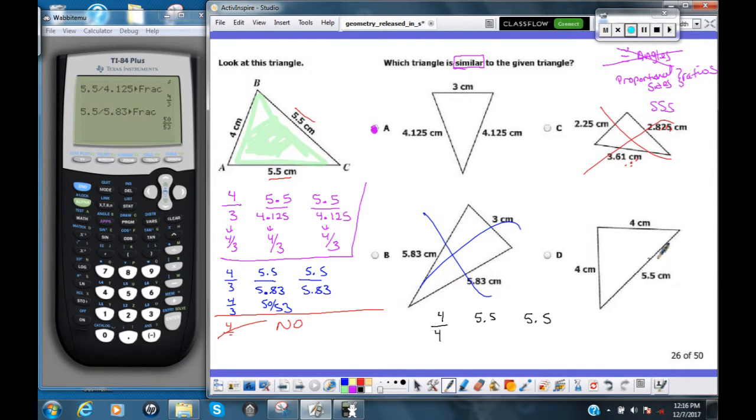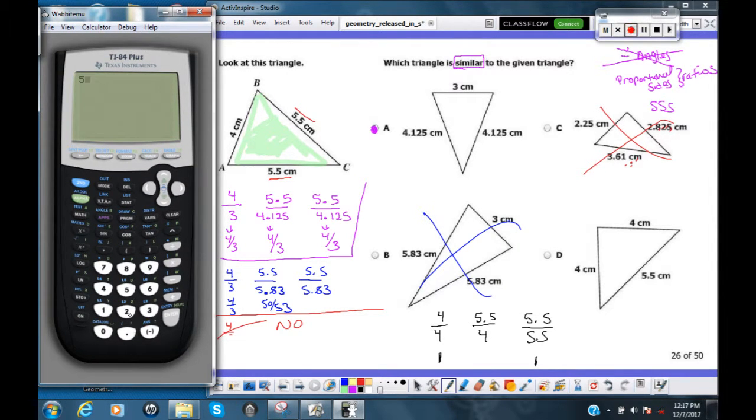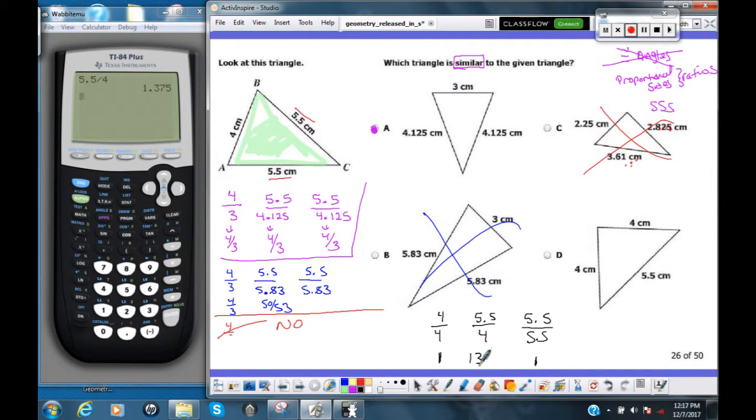It is an isosceles triangle, but I still have to line my sides up. 4 divided by 4 is 1. 5.5 divided by 4 is 1.375, and again 5.5 divided by 4 is 1.375. So they don't all match up, so that can't be your answer. So the answer does have to be A.